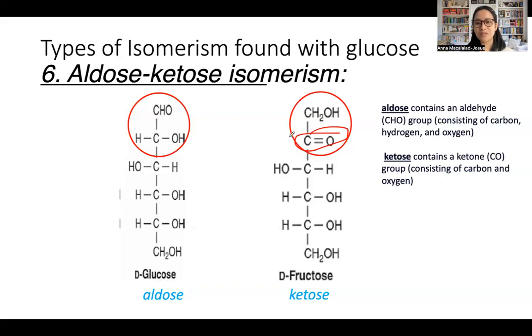When there's a change in position in this area, you have the formation of your ketone group, it becomes a fructose. So this now is called a ketose, and they are isomers of one another. Okay, but they become different kinds of monosaccharides.